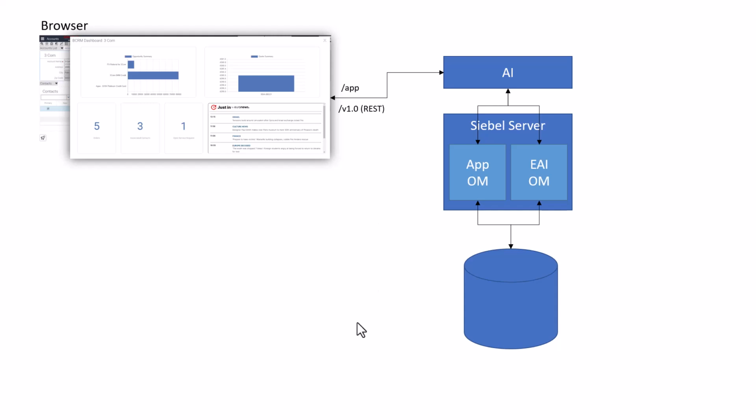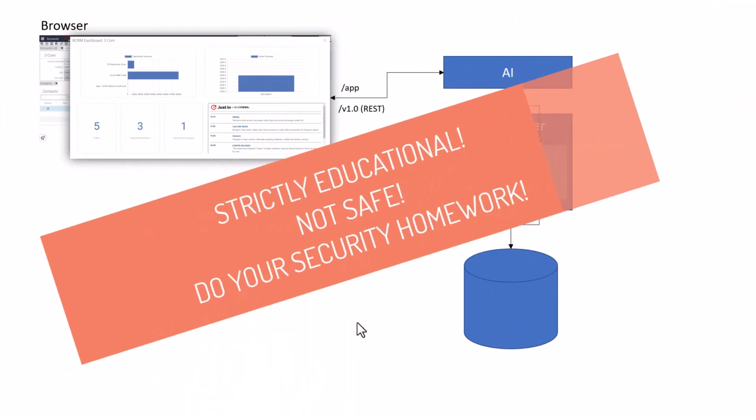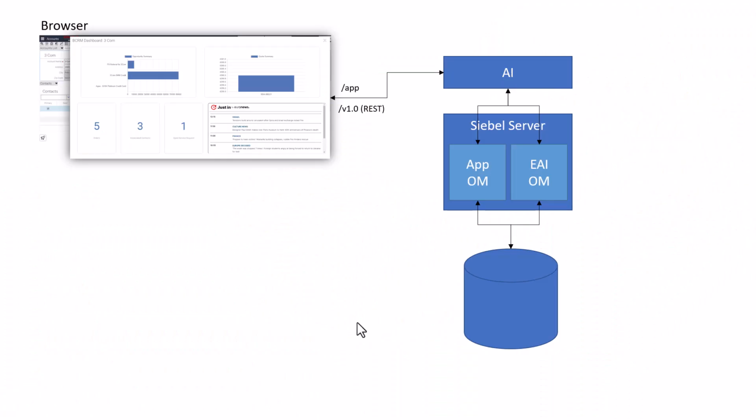We have a custom business service that enables us to query any business object, business component combination, very dangerously so, but for the prototype, and returns data that we can then use to populate the nice little dashboard that we have in mind. See you around for the next module. In the next video, we'll start working on a physical renderer that pulls together all this data and visualizes it on a dashboard.